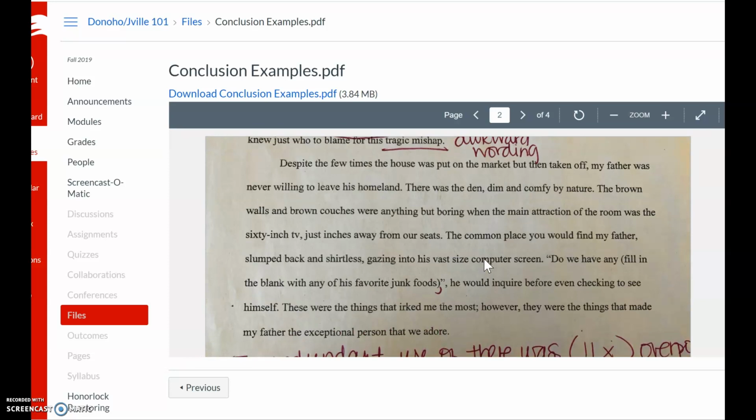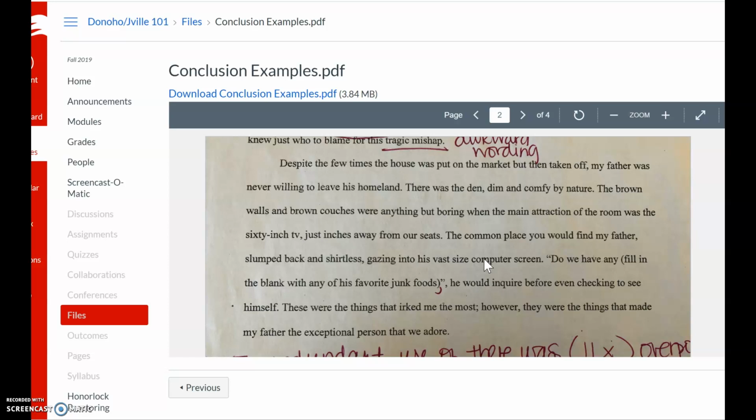Here's this one. This is the one about my father's sty, if you remember from the introductions. And we talked about it kind of had a negative connotation from the very get-go. Despite the few times the house was put on the market but then taken off, my father was never willing to leave his homeland. There was the den, dim and comfy by nature. The brown walls and brown couches were anything but boring when the main attraction of the room was the 60-inch TV just inches away from our seats.